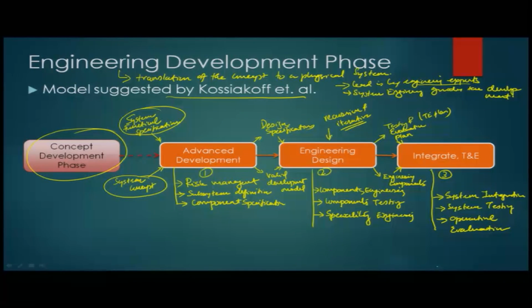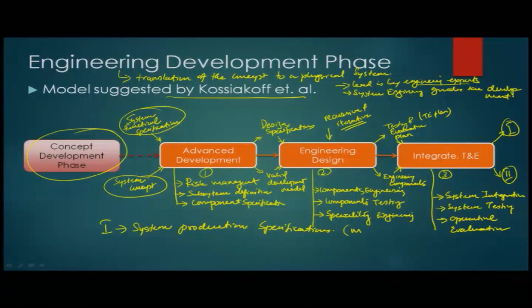This will give rise to two outputs again, as we discussed earlier. I am just writing the outputs as 1 and 2 here, and we will see what these outputs are quickly. So, output 1 will be the system production specifications. So, how will you manufacture?